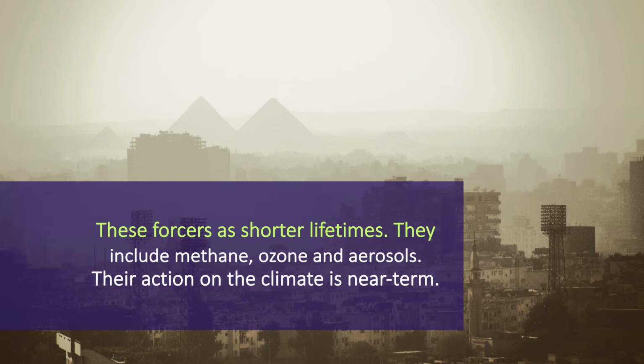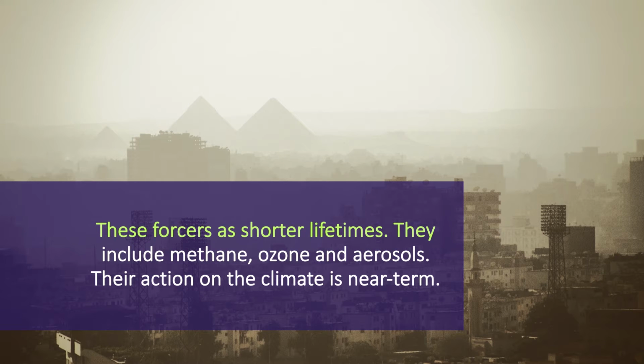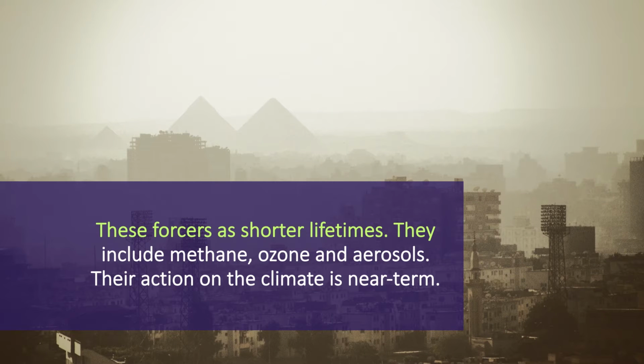They have a very short life in the atmosphere, and these forcers are otherwise called shorter-lifetime forcers, and they include methane, which has an atmospheric lifetime of around 10 to 12 years, the ozone, and the aerosols. Their action on the climate is near-term.